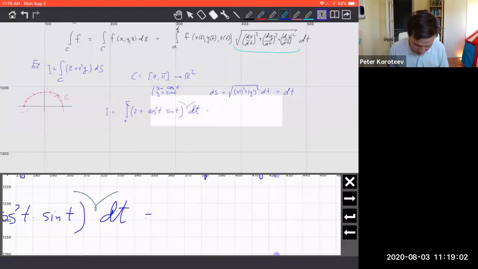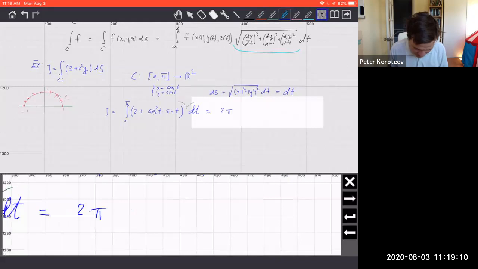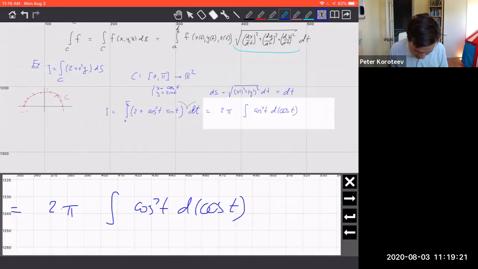Okay. So let's do the integral. We get 2 times pi from the first one, and then here we have the integral of cosine squared t d cosine t with a minus.